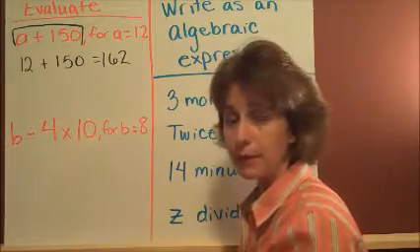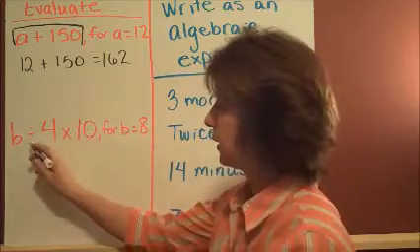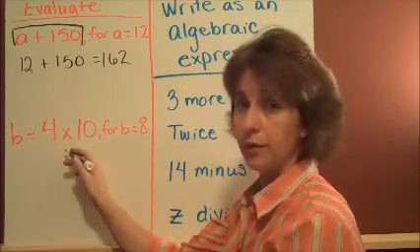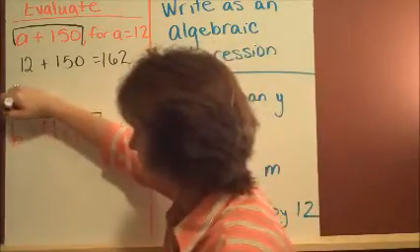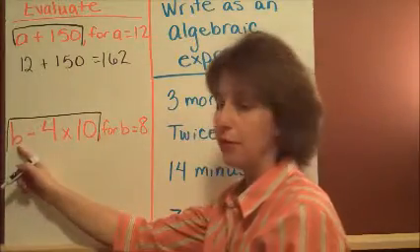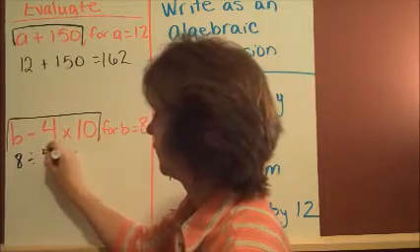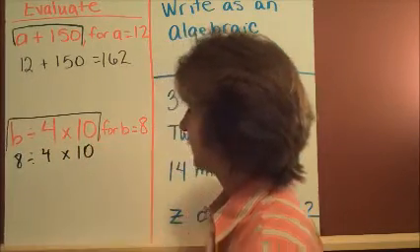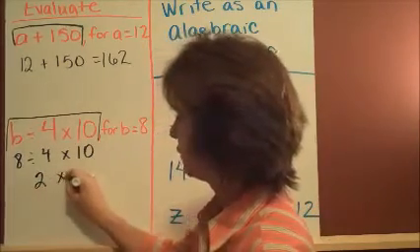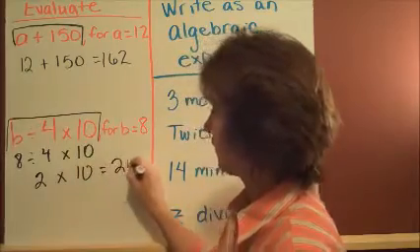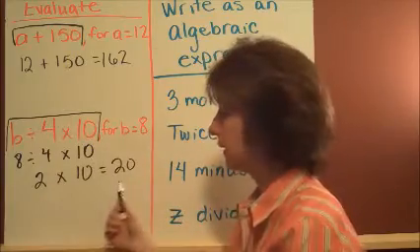So I have evaluated my expression and turned it into an equation. b divided by 4 times 10 for b equals 8. This is my expression. I'm going to take out the b and put in the 8. 8 divided by 4 times 10. 8 divided by 4 is 2, and 2 times 10 is 20. I have evaluated my expression and turned it into an equation.